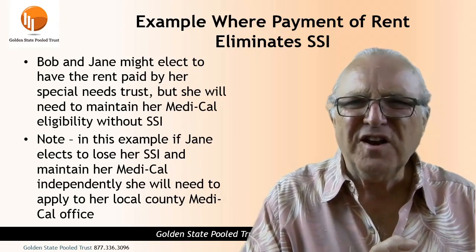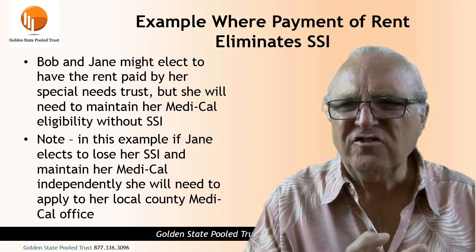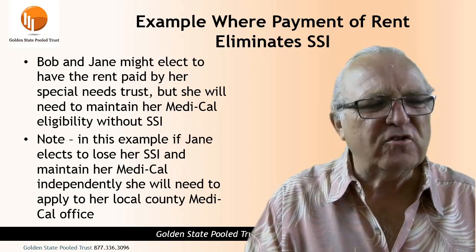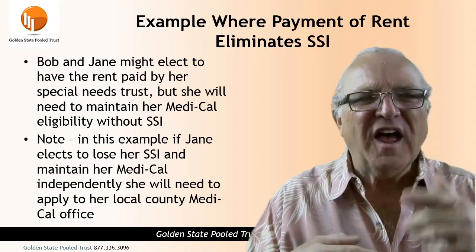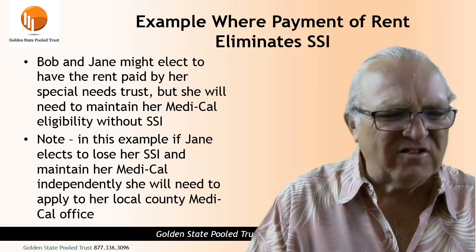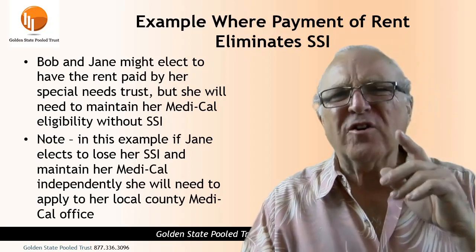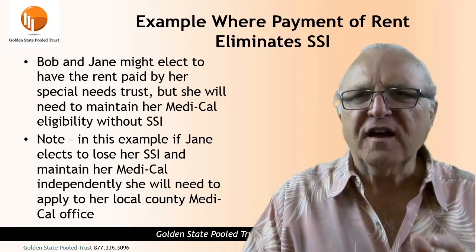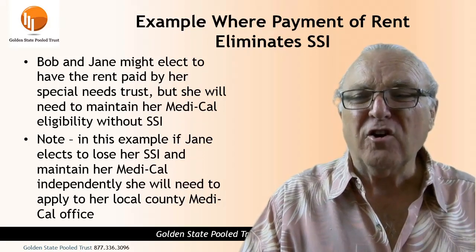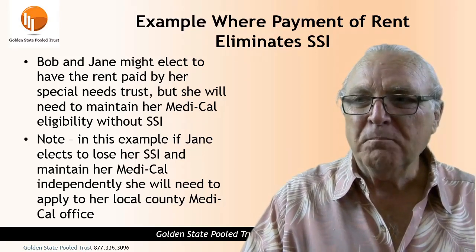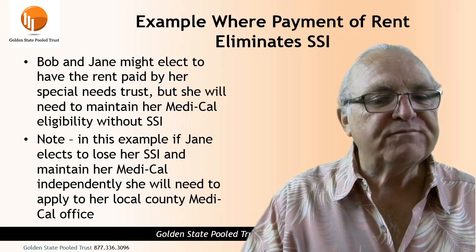Here, we're not going to have any further food or shelter issues. We still have to use her funds for her sole benefit, but there's going to be more latitude and less chance of having a benefits issue. I would urge Jane to drop the SSI and apply for a program we're going to talk about later called Aged and Disabled Medi-Cal.